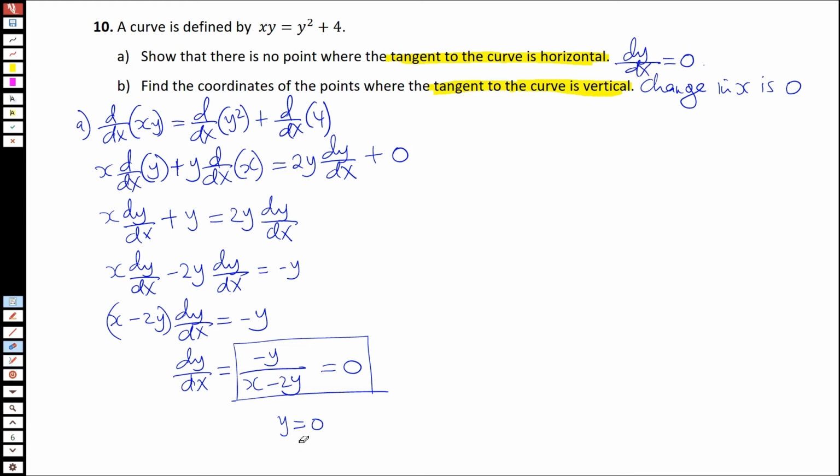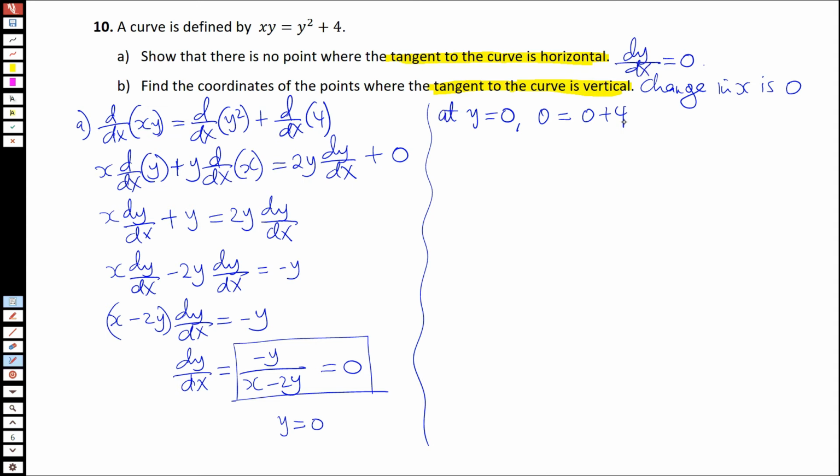Now, if y is equal to 0, we want to check whether there's such a point on this curve. So at y equals 0, if you plug 0 in place of y, you'll end up with 0 being equal to 0 plus 4, which doesn't make sense because the left hand side is not equal to the right hand side. So what does this mean?